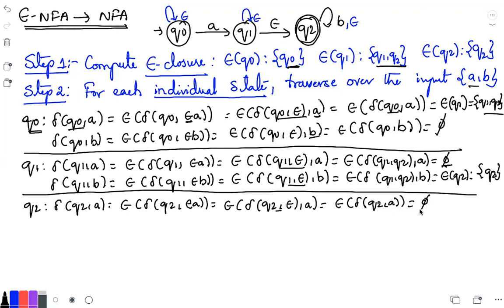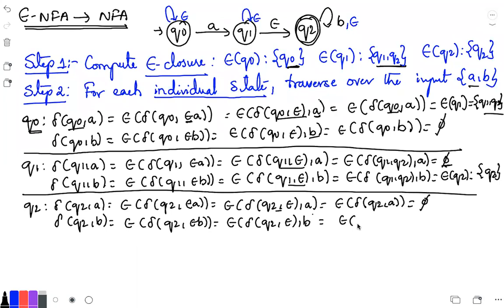So phi. Delta of Q2 on B. Epsilon closure of delta of epsilon closure of Q2 comma B. Epsilon closure of Q2 is Q2 itself. So Q2 on B is Q2 itself, and epsilon closure of Q2 is Q2 itself.